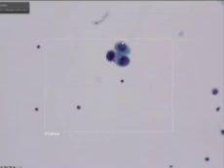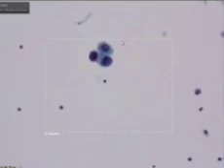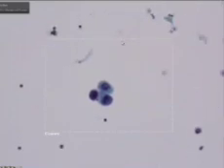Very irregular nuclear contour. Growing together, epithelial. Very coarse chromatin, prominent nucleoli, some of these. Oh, look at that one. Wow. Odd shapes. Okay, so we're comfortable. This is not good.